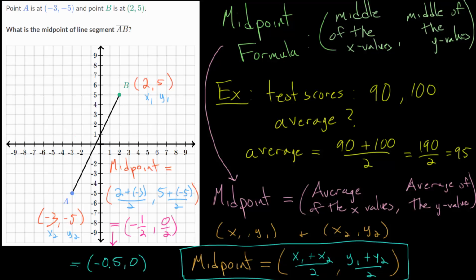So if we plot that point, we go to -1/2 and 0, that is exactly where we thought it should be. So to find the midpoint, we average the x values and we average the y values, and that will always find us the point in the middle of the 2 points that we were given.